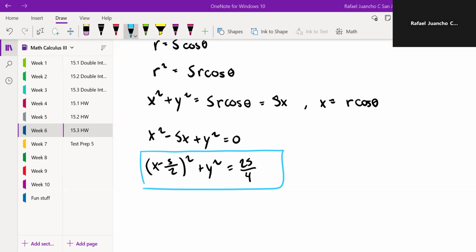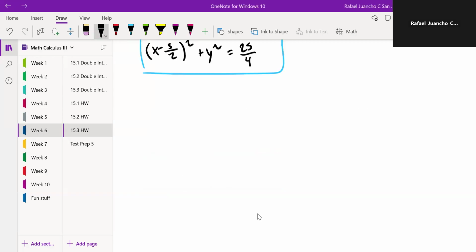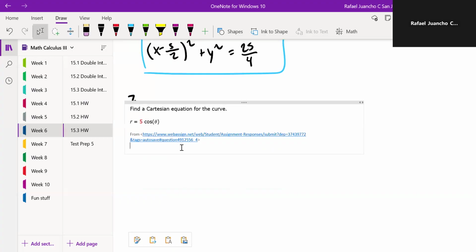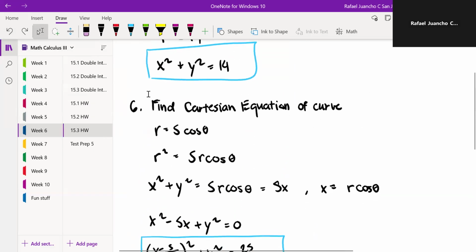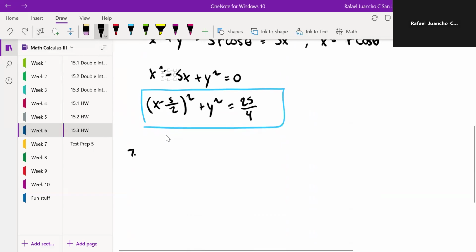Let's keep it rolling. Oops, I did not mean to do that. Okay, now I'm... Sometimes this OneNote is bugging me.